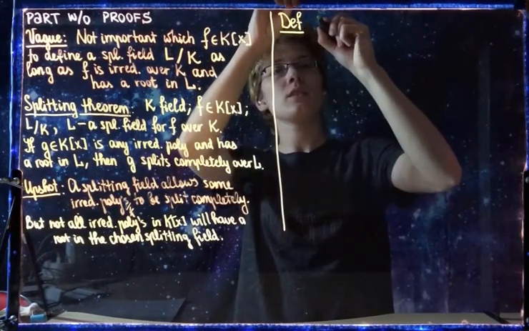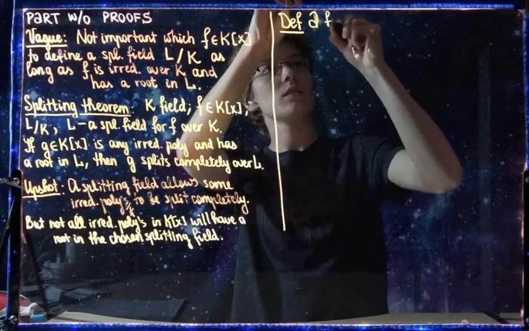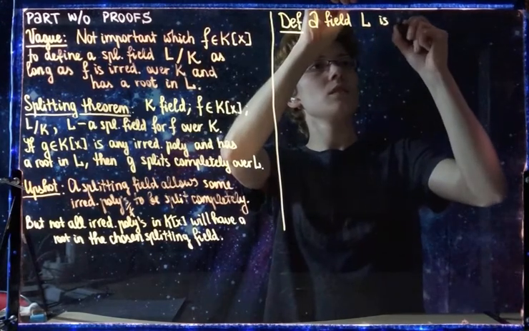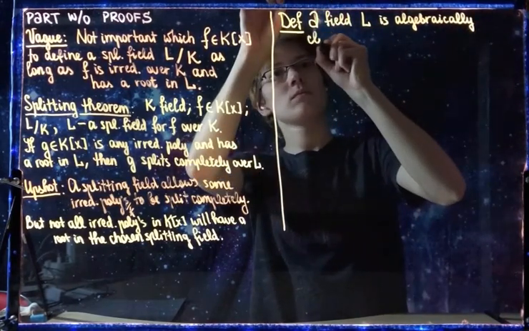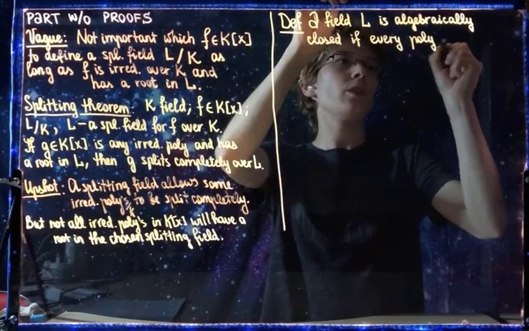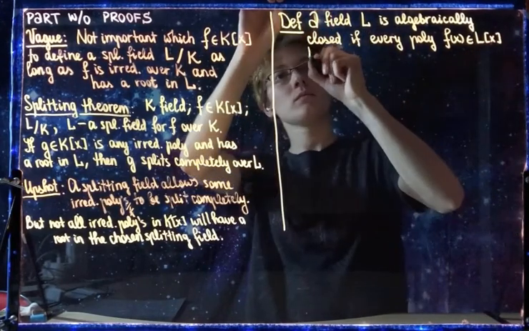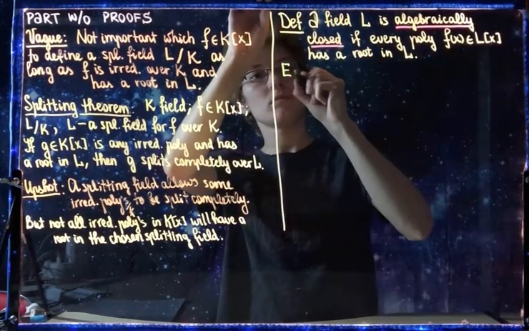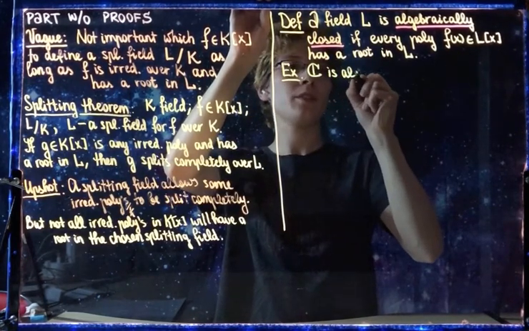So by definition, we say that a field L is algebraically closed if every polynomial with coefficients in L has a root in L. For example, C, the field of complex numbers, is algebraically closed.